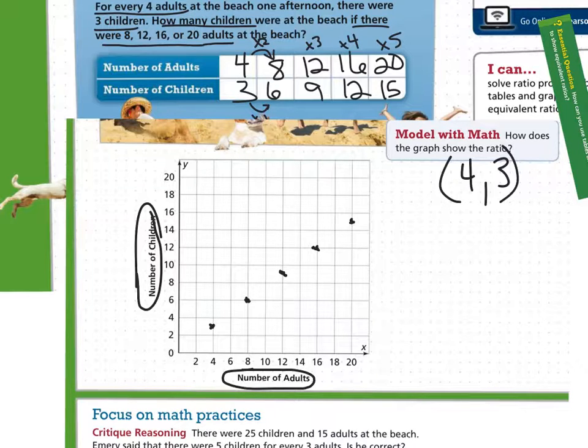What you might notice here as we graph these points is that these points all line up with each other, and that we could actually keep continuing this pattern if we keep this ratio. The pattern keeps going, we're going to stay in line with these points.